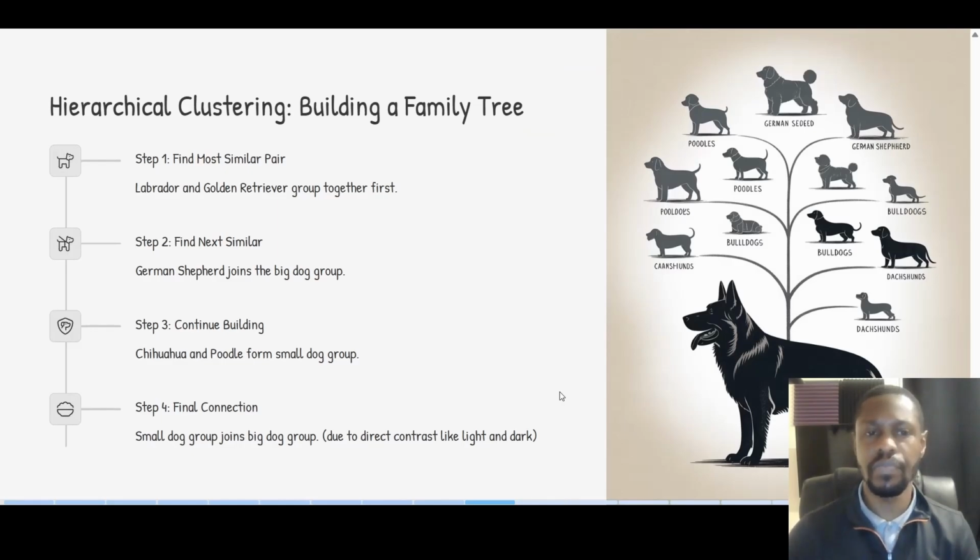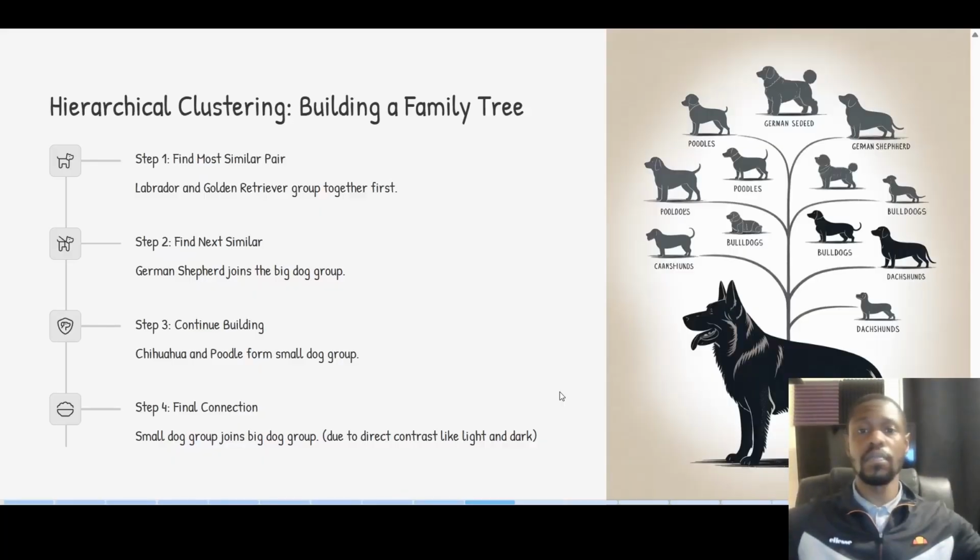Perfect. And so here's a further look at the second clustering type which we earlier discussed, which is hierarchical clustering. It's essentially like building a family tree. So let's say we want to sort the data of different dogs that we have. The benefit of having a hierarchical tree is that we can see the relationships between each one.